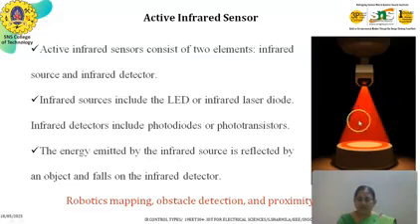The energy emitted by the infrared source is reflected by the object and falls on the infrared detector. The main applications of active infrared sensors are in robotics mapping, obstacle detection and proximity sensing.